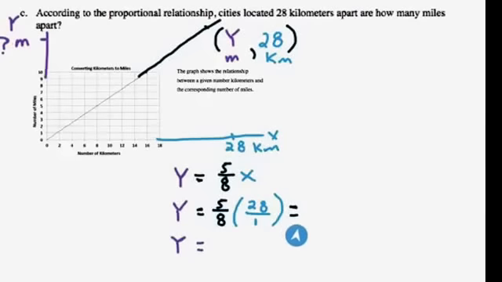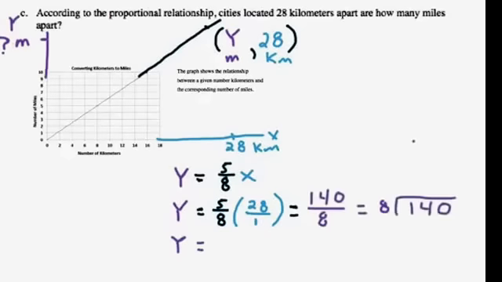I can substitute the known value of 28 for x. I know that there are 28 kilometers, so I substitute 28 for x, and I will multiply 5/8 times 28 wholes, or 28 over 1.